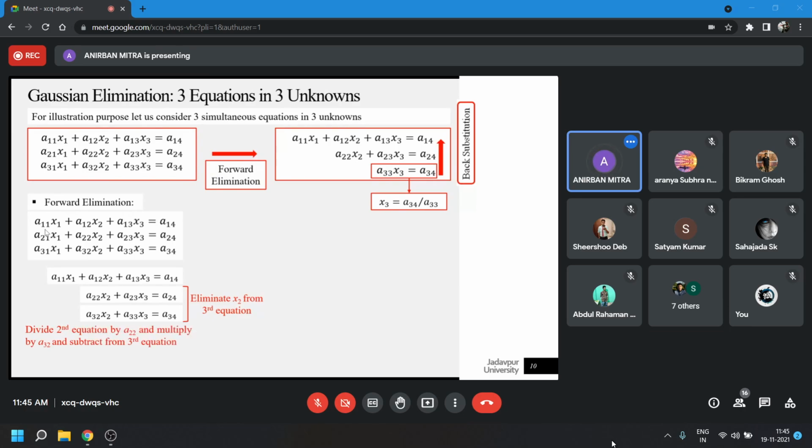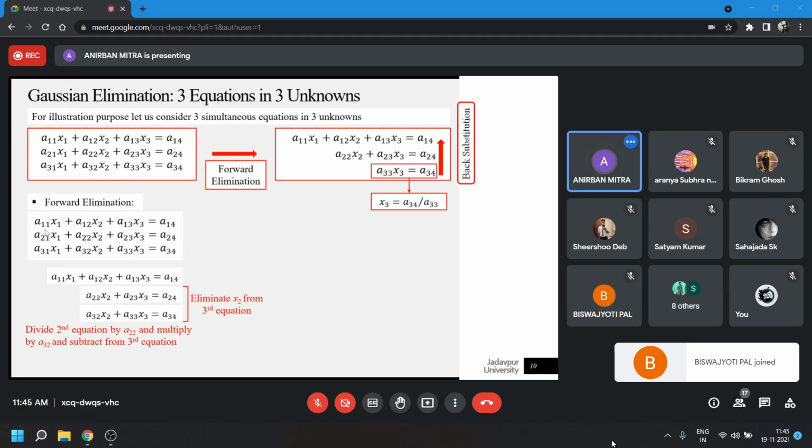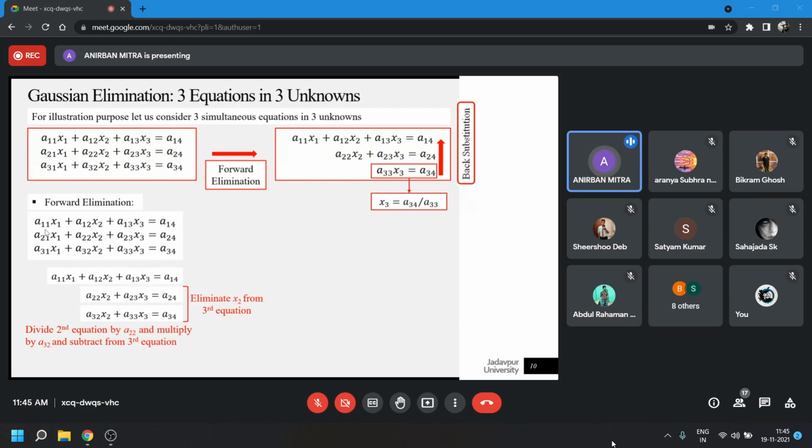How do we do that? We divide the second equation by a22, that is the pivot element, and multiply it by a32 and subtract it from the third equation. So here I repeat again, the pivot equation for the second step of forward elimination is the second equation. The pivot element is a22.